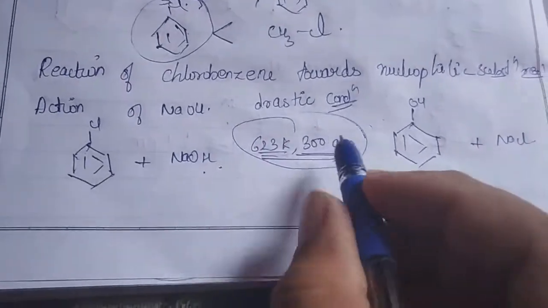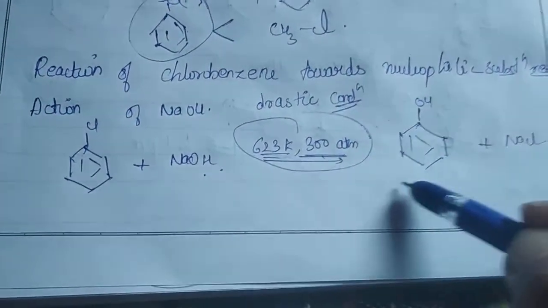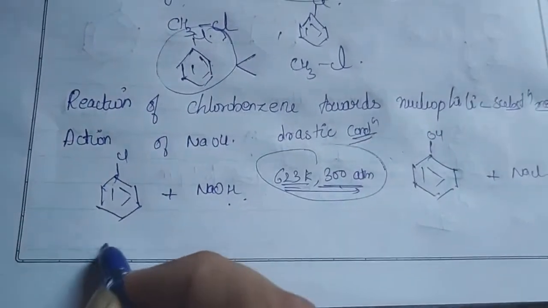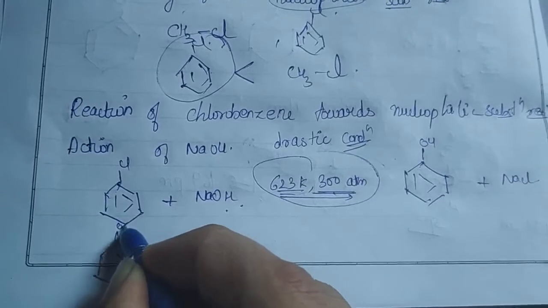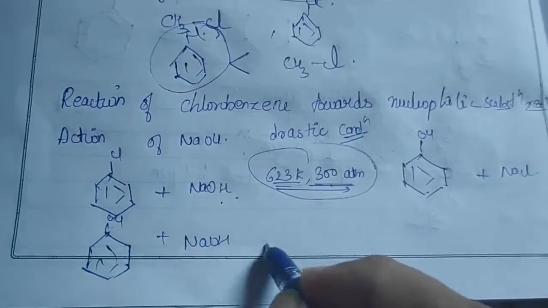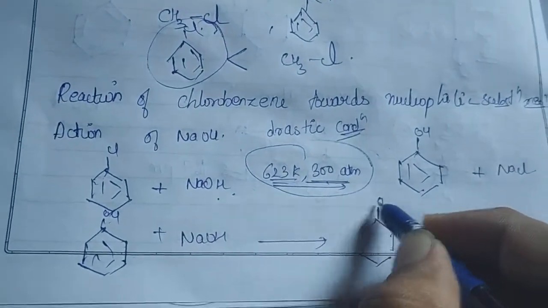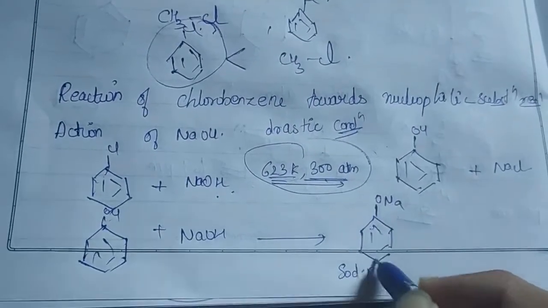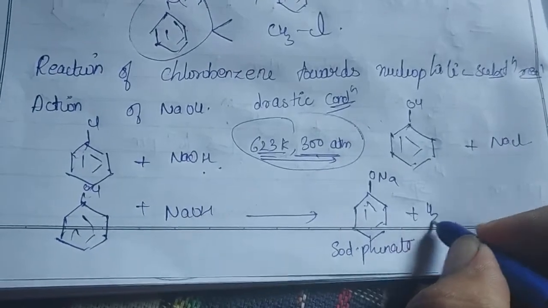So basically, when you are taking 623 Kelvin and 300 atmospheric pressure, of course you are going to get a phenol. But that phenol will not remain as such. It is going to react with the excess of NaOH you have taken in the system. Once again it reacts and gives you sodium phenate plus H2O.